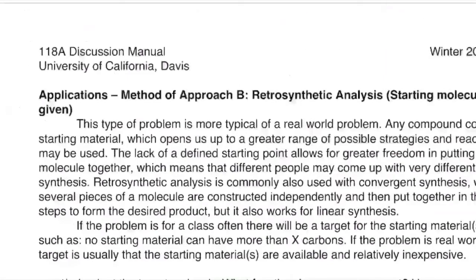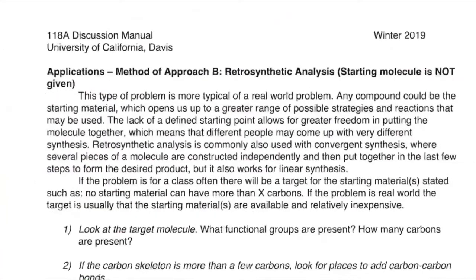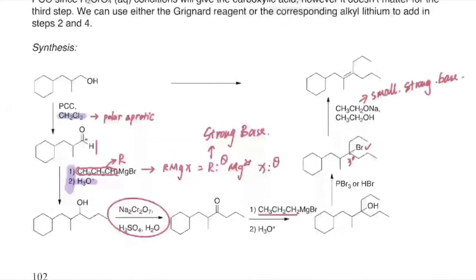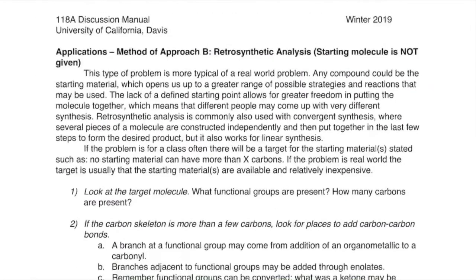Okay, so as you can see here, even a simple reaction like this requires you to have a solid background in chapters 6, 7, and 8. So another method, which is approach B here, the word that you should learn is retrosynthesis, okay?